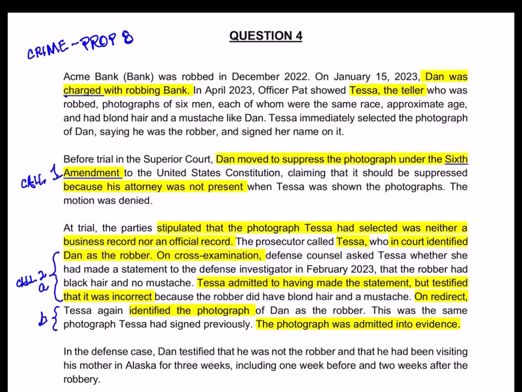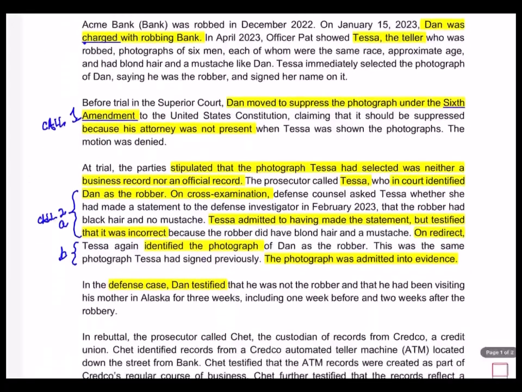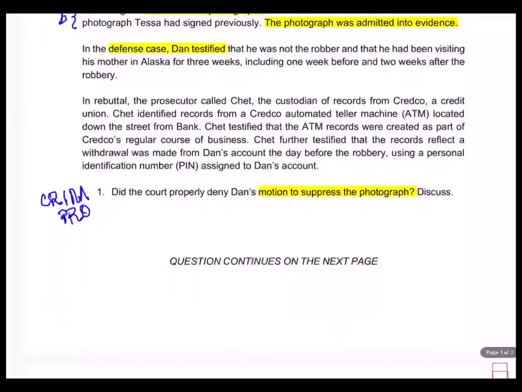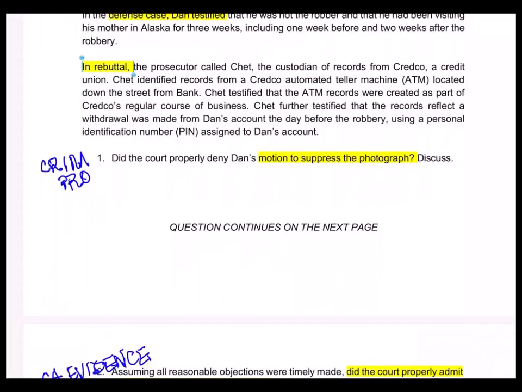And that brings us to call 2C about the ATM records. So now we see in the defense case, Dan testified that he was not the robber and that he had been visiting his mother in Alaska for 3 weeks, including 1 week before and 2 weeks after the robbery. In rebuttal, the prosecutor called Chet, the custodian of records from Credco, a credit union.